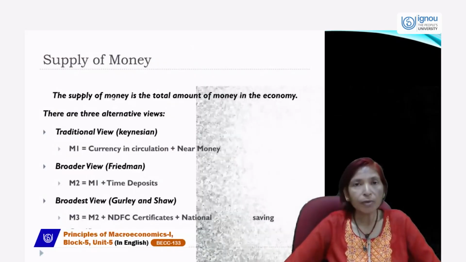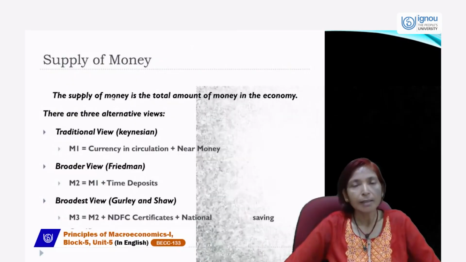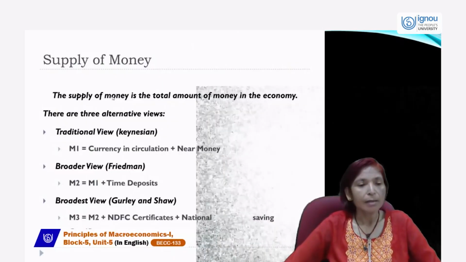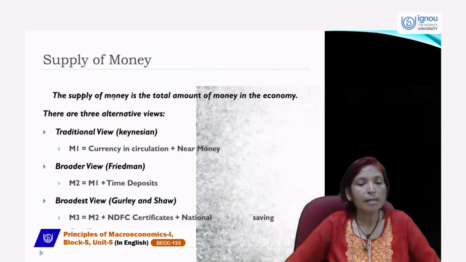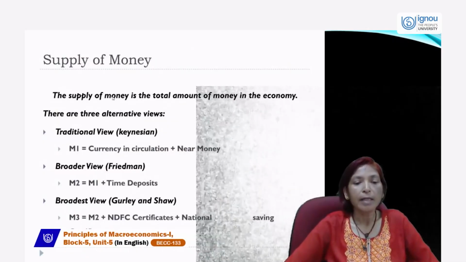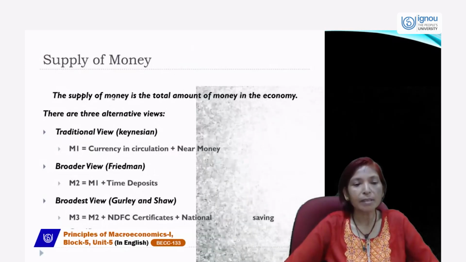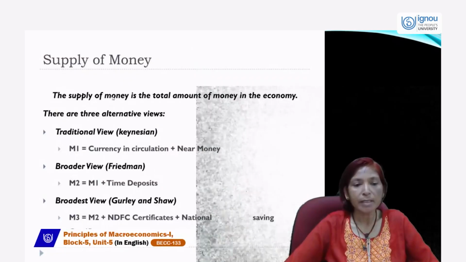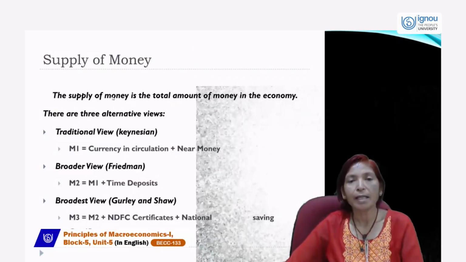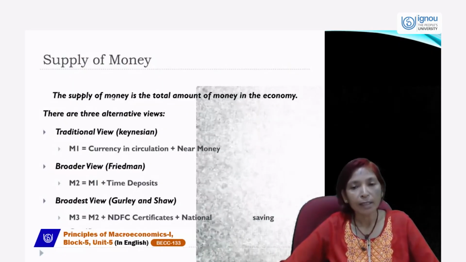And the broadest view is given by the economists Gurley and Shaw. That is M3, in which M2 is included, plus NDFC certificates or deposits, fixed deposit certificates, national fixed deposit certificates, or NSC, National Savings Certificates in post offices, or national certificates.